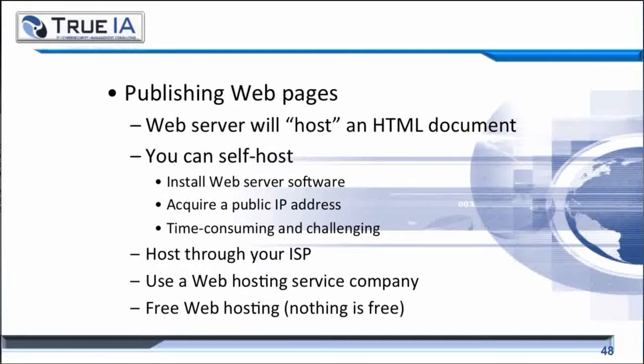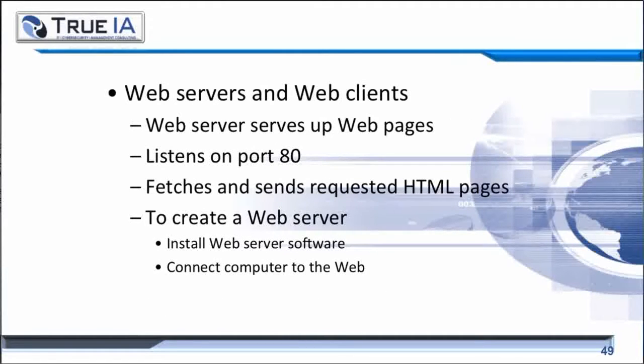Once you acquire an IP address, you will then host your web page via your ISP. Or you could possibly use a web hosting service. So now that we understand the two sides, the web server and the web client, and the web server is what's serving up web pages, it's doing that via port 80.